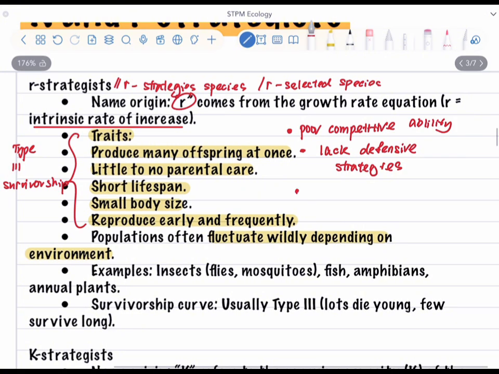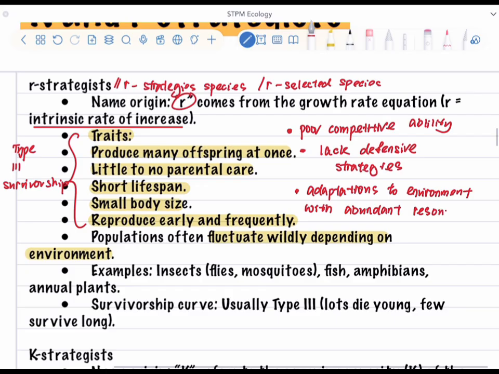They have adaptations to environments with abundant resources.